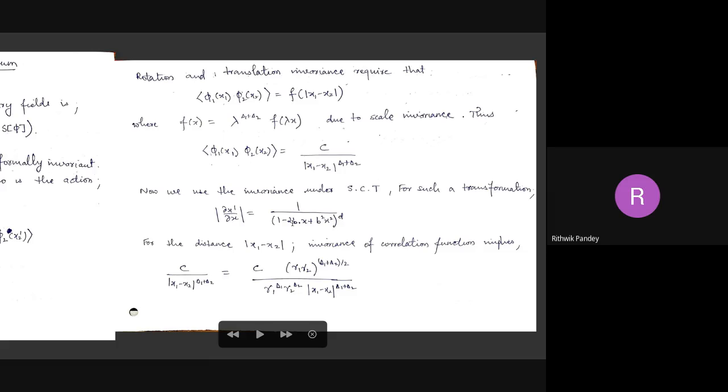Gamma 1 should be, I think, 1 minus 2 b dot x1 plus b squared x1 squared, and it should be the same thing for x2. So to identically satisfy this, we can already see that delta 1 should be equal to delta 2, only then is this satisfied.